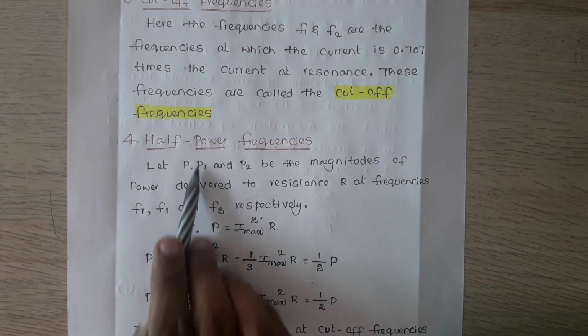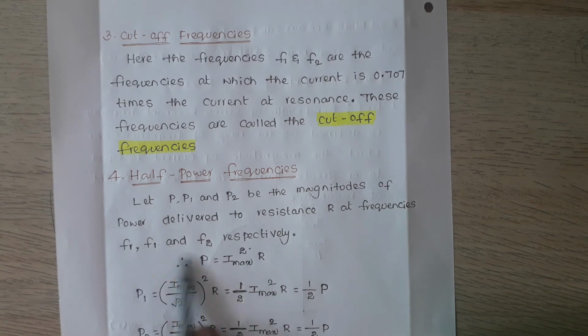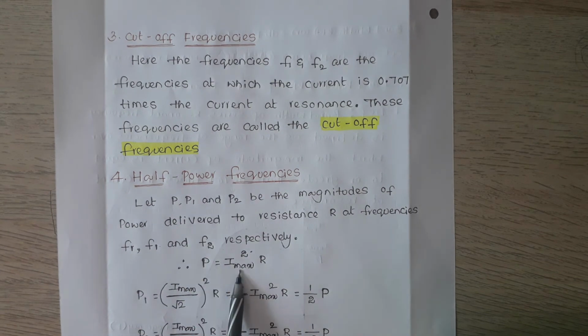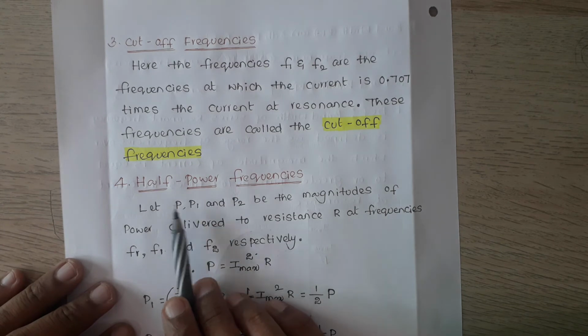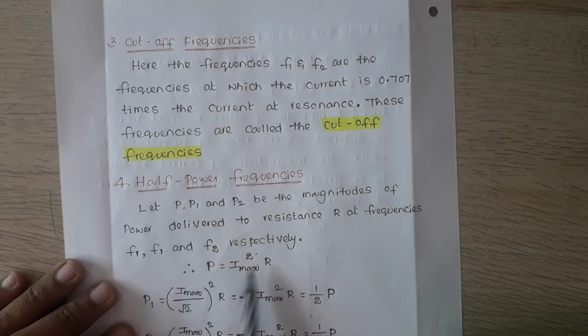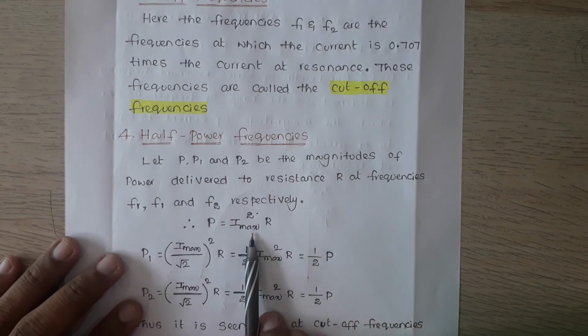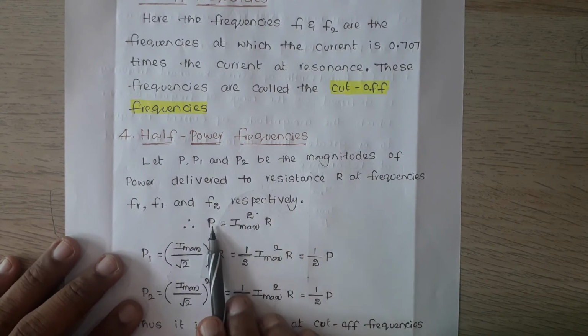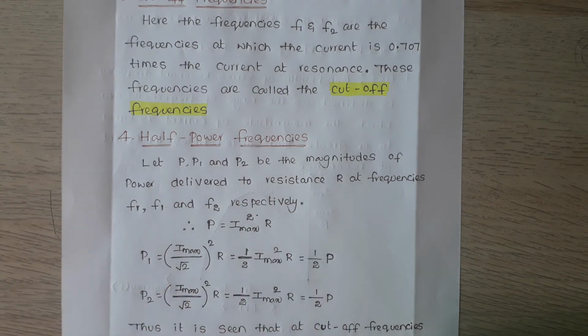At the resonance frequency, the current is I max, so P is I max square R. At resonance, the current flowing in the circuit is maximum, I max, and I max square R is the power delivered to resistor R.